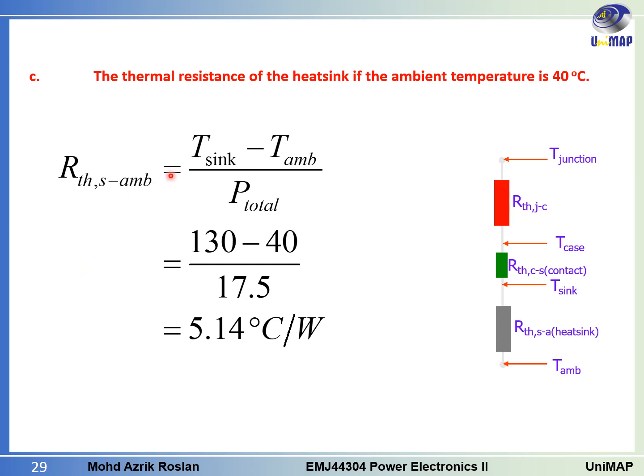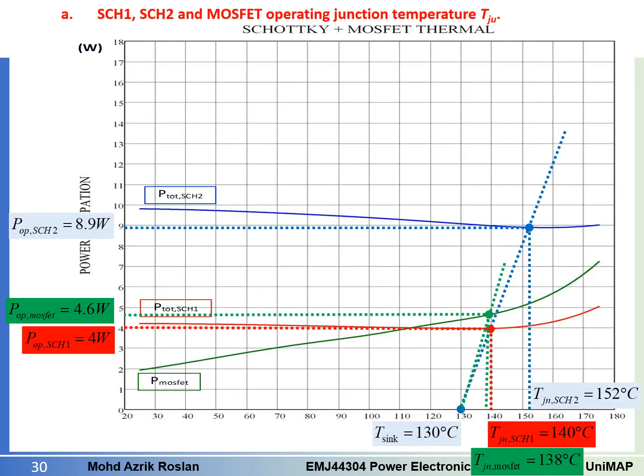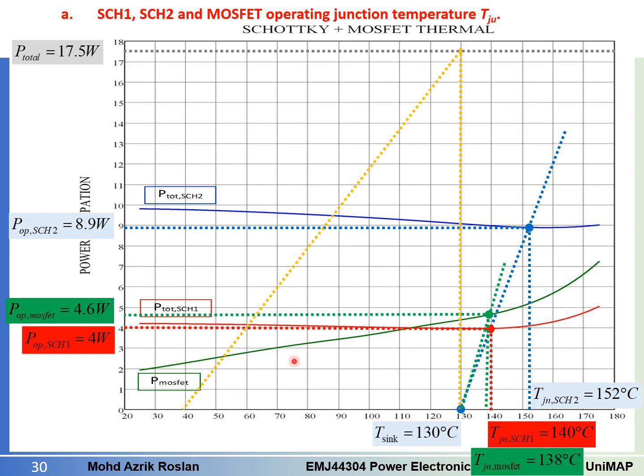Finally, you can find the Rth sink to ambient, the thermal resistance for the heat sink: T sink minus the ambient temperature, which is 40, divided by P total, which is 17.5. Then you get 5.14 degrees C per watt. If you want to see it from the graphical point of view, this is the value of the thermal resistance slope.